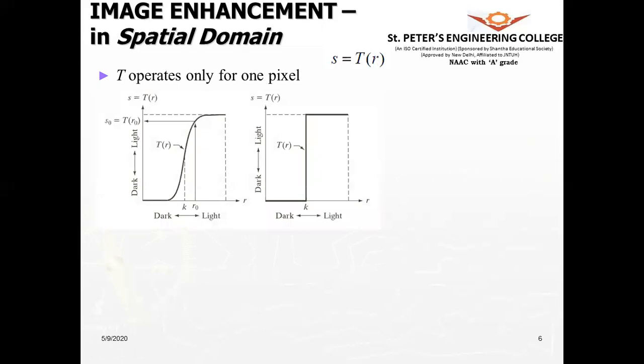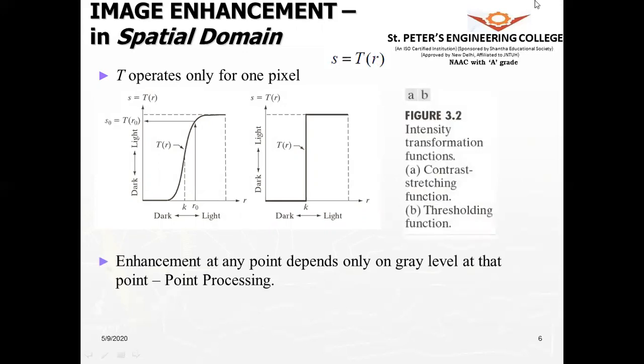If you observe the graph shown here, the first graph shows that k is the intensity value, and it is mapped. So this is the intensity region. This is the dark, this is 0, and the lighter. Dark will be 0 and lighter, brighter, will be 1.